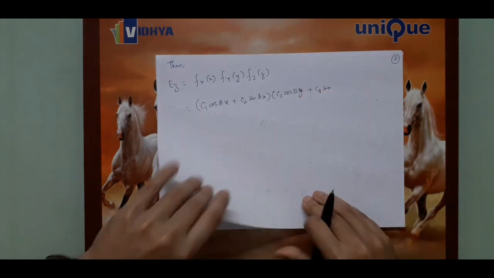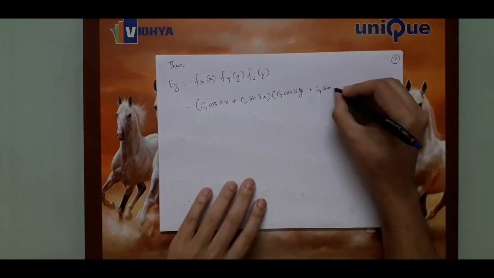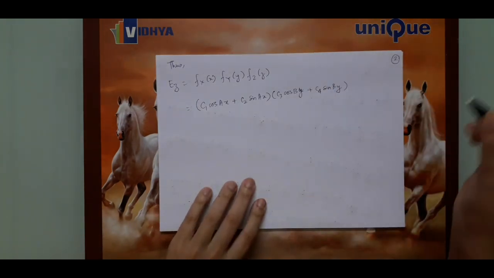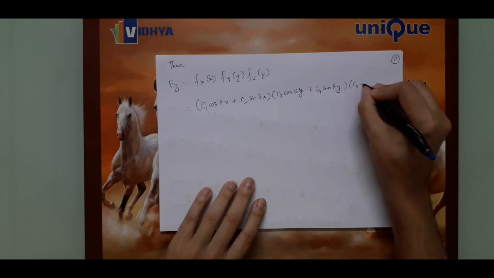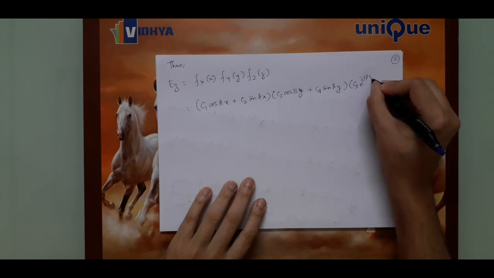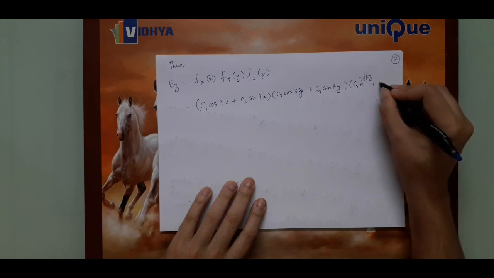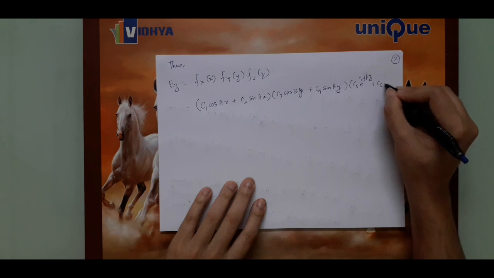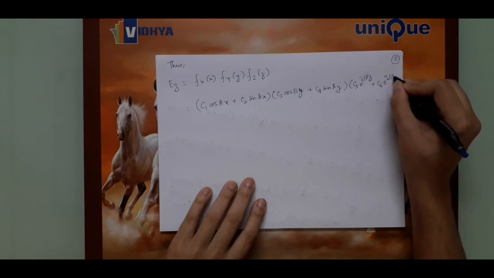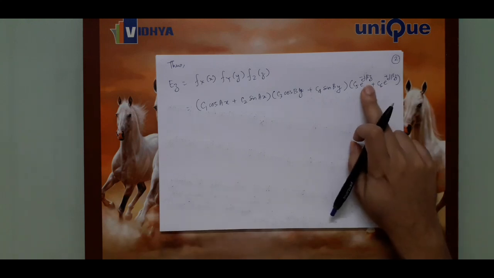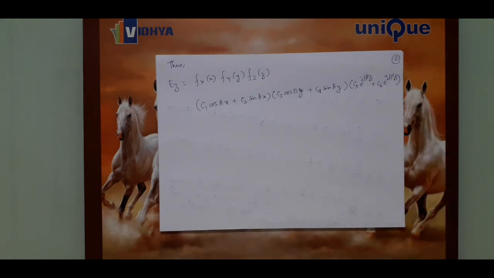Once again, this beta is the phase constant of the wave that is being guided, not the wave that is incident. So now this big expression is the generic solution for the Ez.